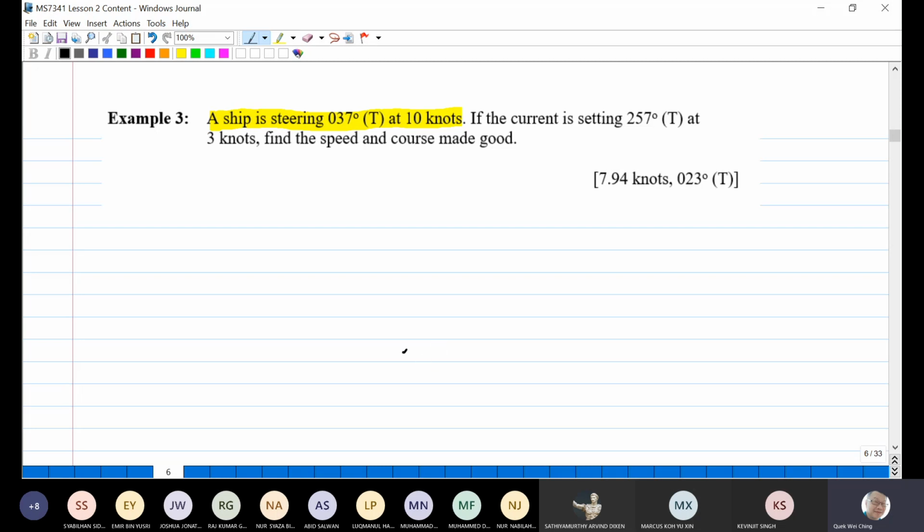037. This is the north pole here, that means 0 degrees. This is east, south, west. So 037 is somewhere here, at 37 degrees. It is 10 knots, which is 10 nautical miles per hour.